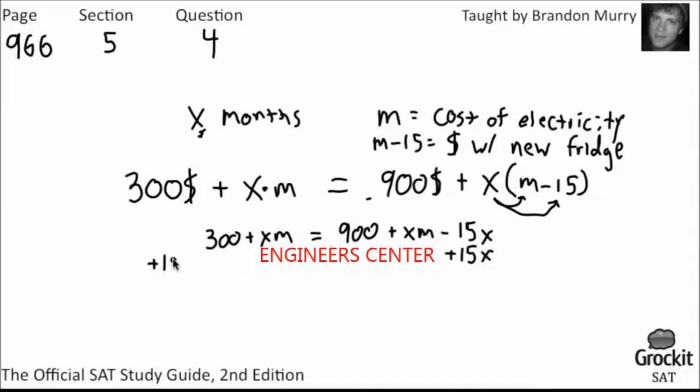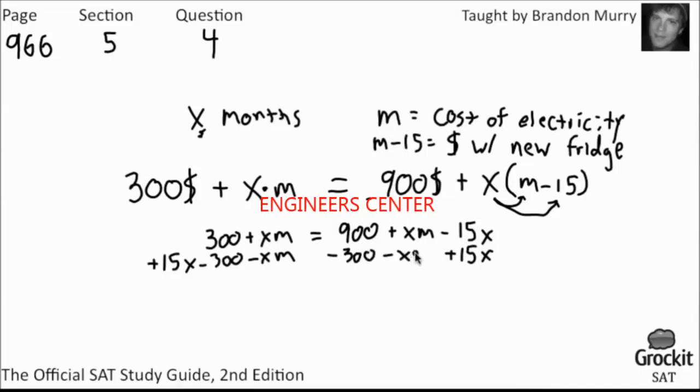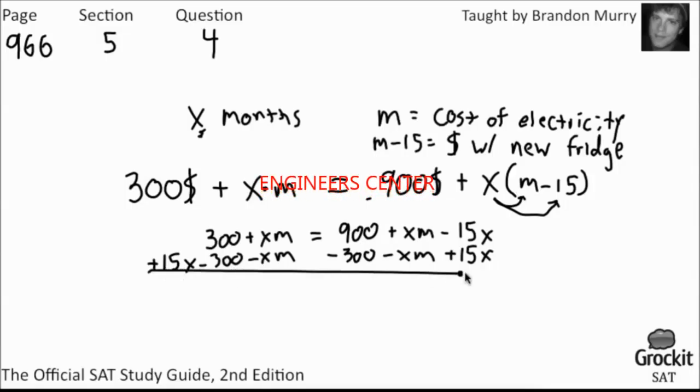What will that do? That will make it so that our x term is positive, and if we subtract 300 and subtract xm, we'll isolate our positive 15x. So do that to both sides of the equation. What is that going to give us? Well, there's a little work that needs to be done here.